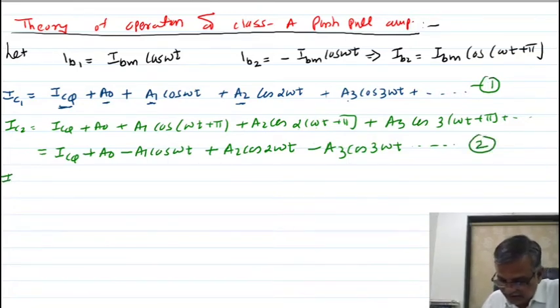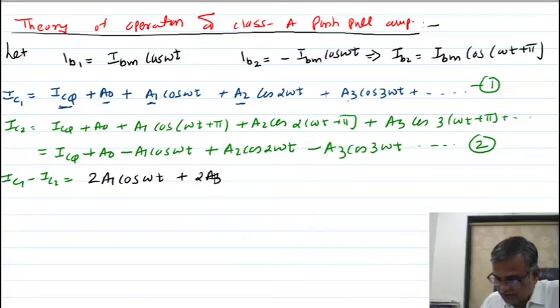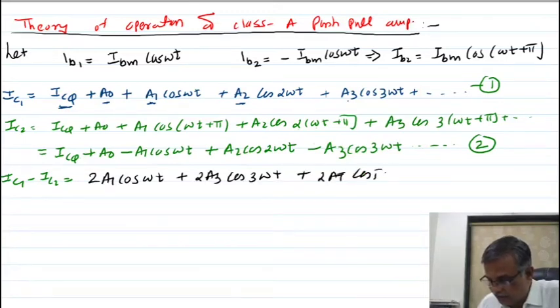So I can write IC1 minus IC2, look here, with this minus this, you get 2A1 cos omega t plus 2A3 cos 3 omega t plus 2A5 cos 5 omega t.